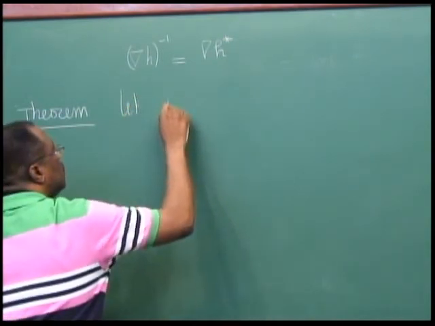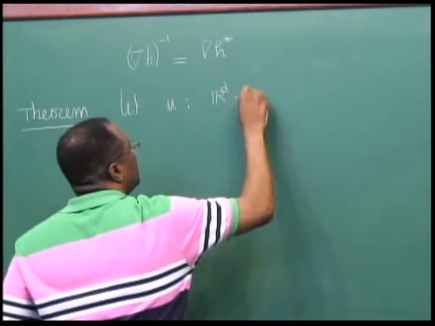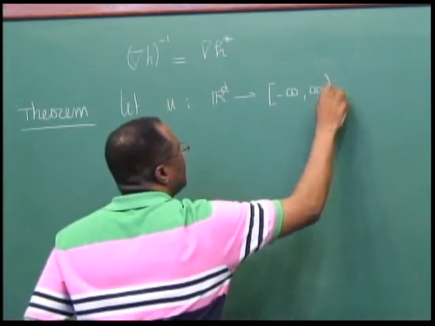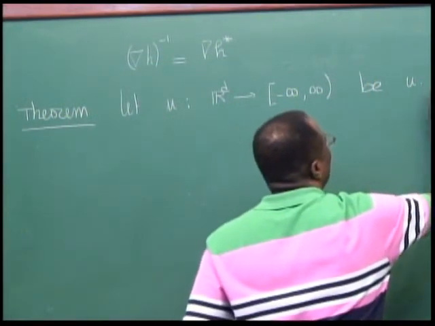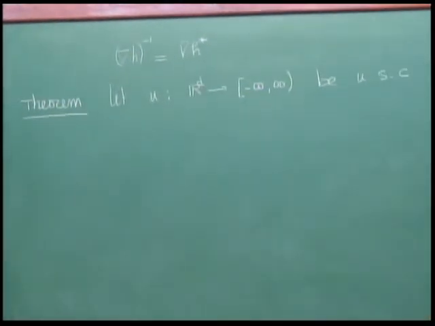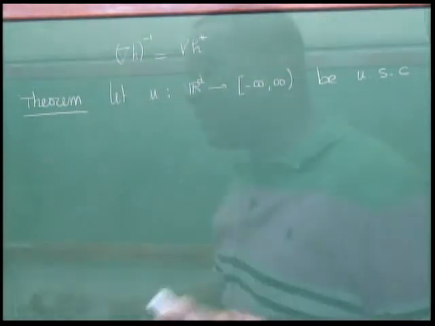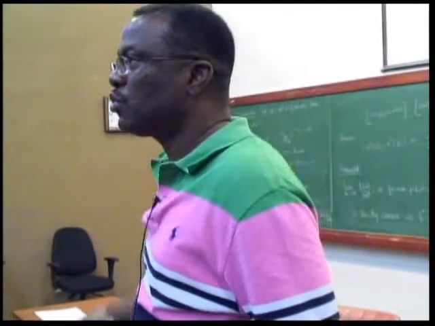Let U from R^d to negative infinity be upper semi-continuous. Okay. So I'm going to choose U and V in UC, and by definition, when I choose U and V in UC, U and V are upper semi-continuous.